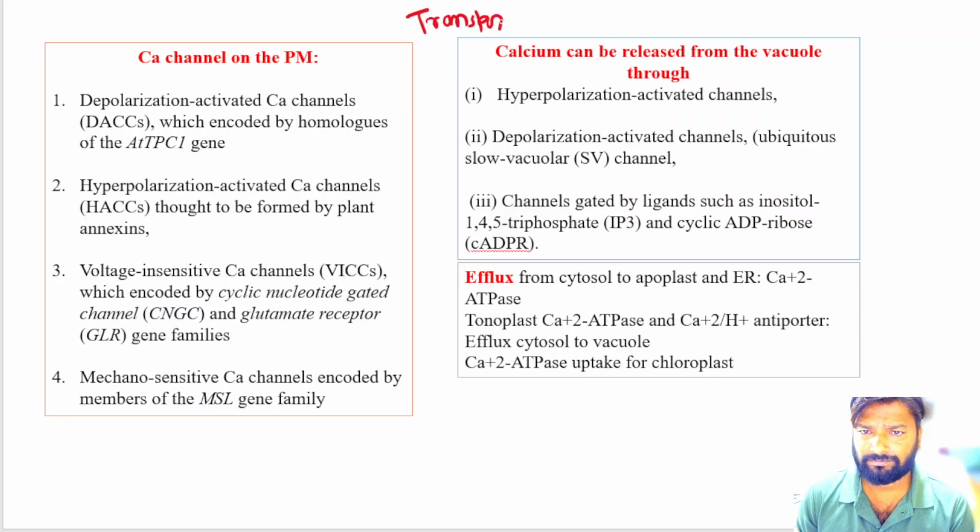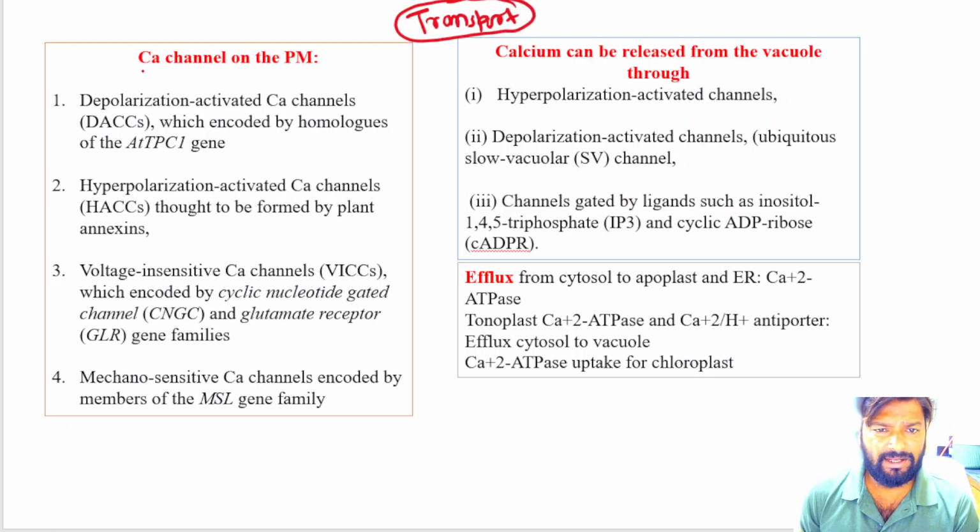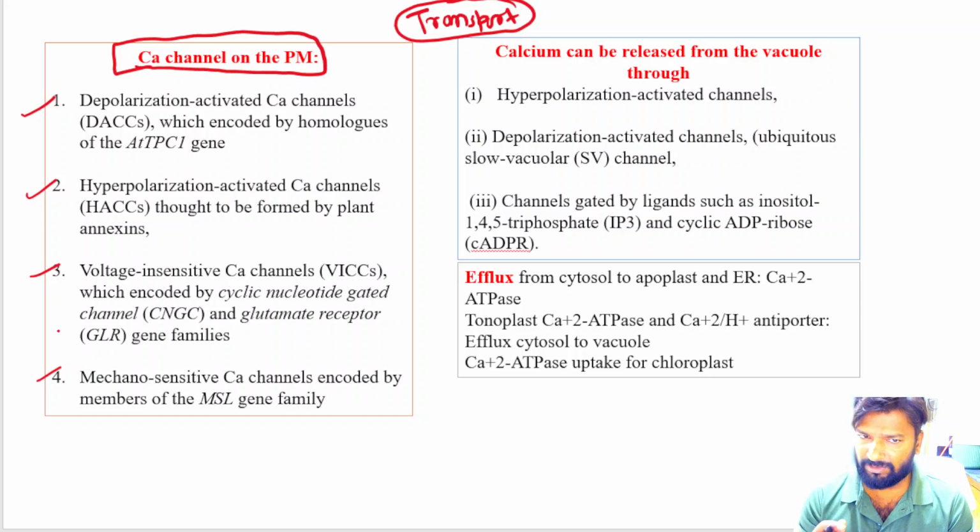Calcium transporters. There are mainly calcium channels on the plasma membrane. There are four types of calcium channels present on the plasma membrane. Which are they? First is DACC, that is known as depolarization activated calcium channel.